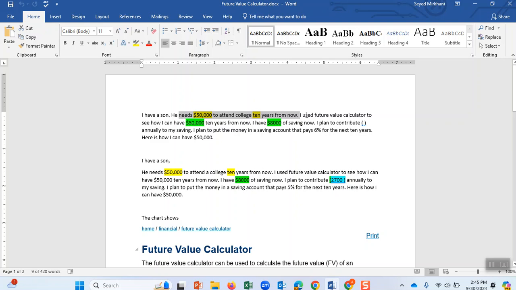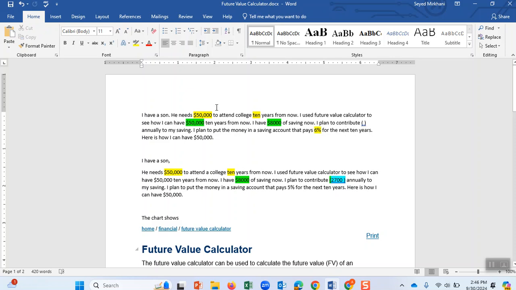What you are going to do is that you are going to tell the calculator you need $50,000 10 years from now. All you have today is only how much? $8,000. You are wondering if you have $8,000 and the bank gives you 6% interest, which I am going to highlight, then how much annually you have to put in here.